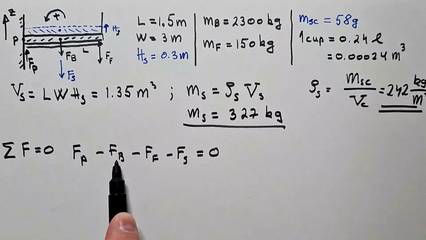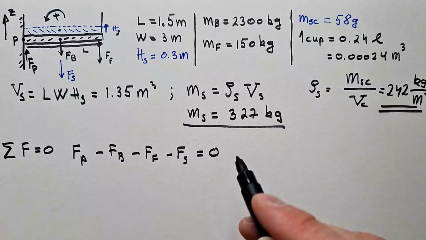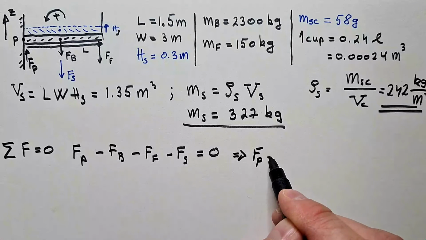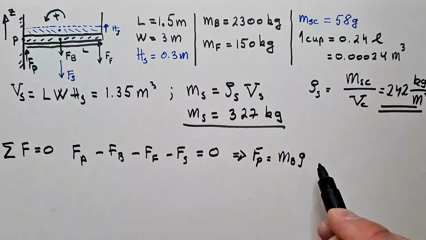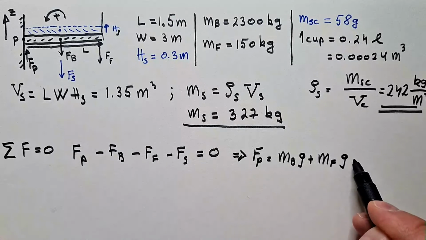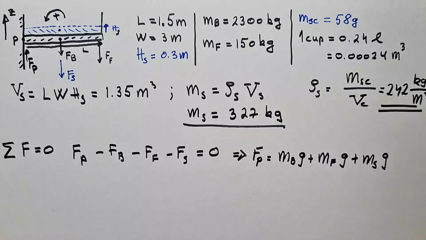All these forces, Fb, Fs, and Ff, are weights, which means that Fp is simply equal to the mass of the balcony times g plus the mass of the fence times g plus the mass of the snow times g.